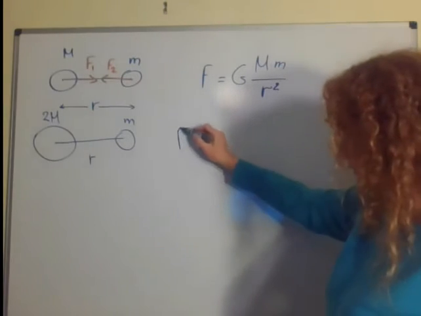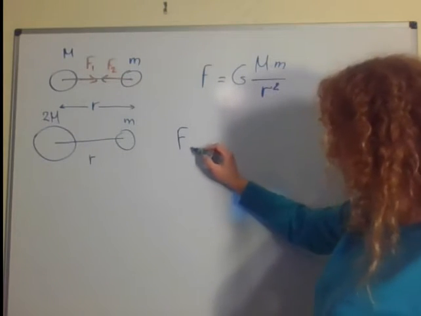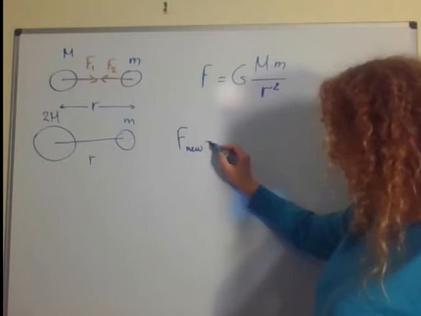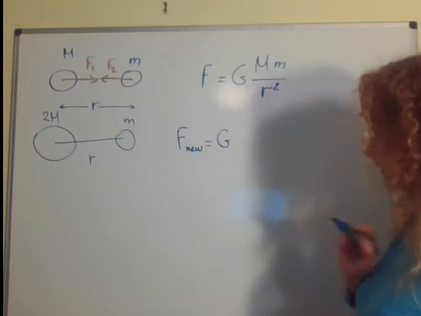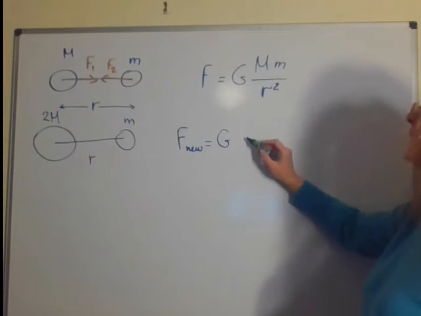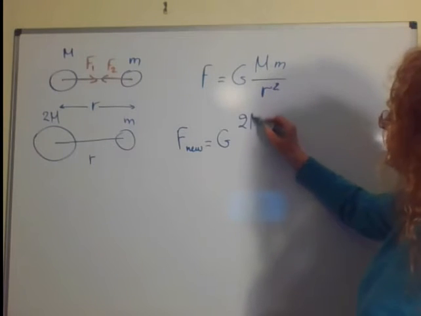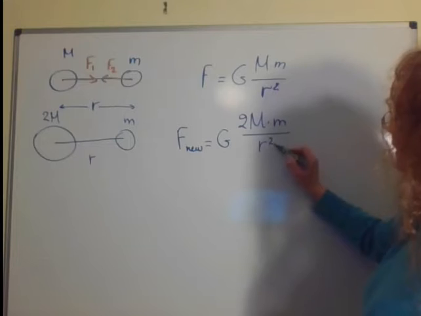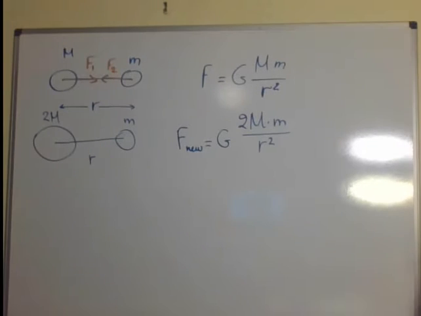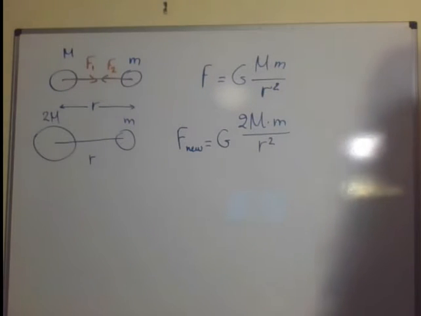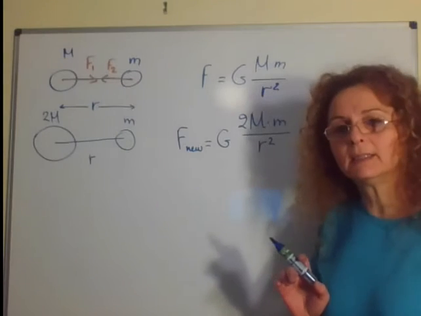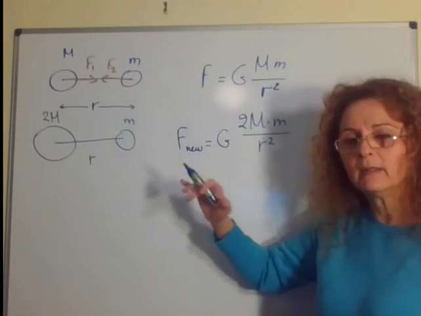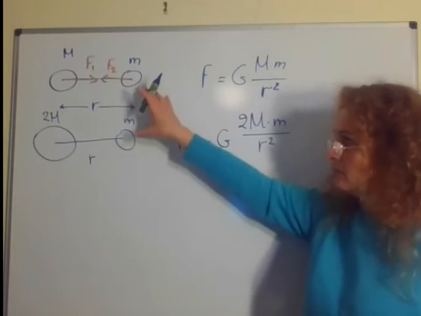The new force, F new, will be G, the universal constant, times the one mass, which is 2m now, times the other mass over their distance squared. Okay?